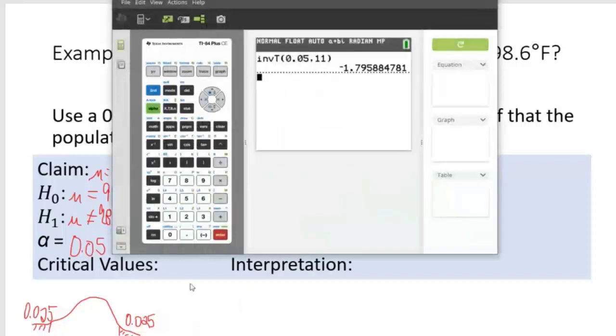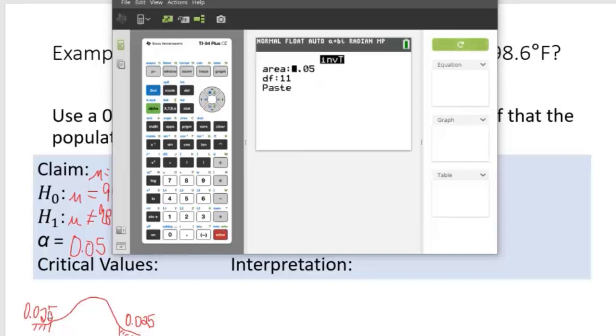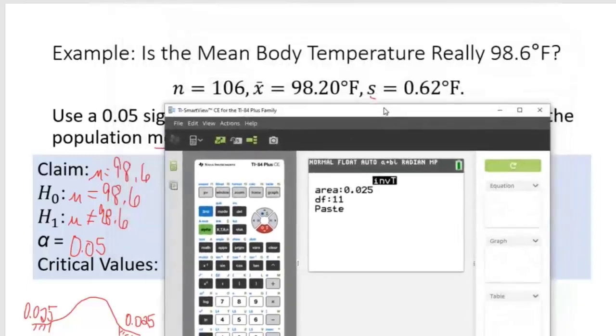So let's pull up the calculator, and I'll clear this, and we'll do inverse T again. So that is second vars, which brings up distributions. Inverse T is number 4. The area to the left right here is 0.025. And my degrees of freedom is n minus 1.